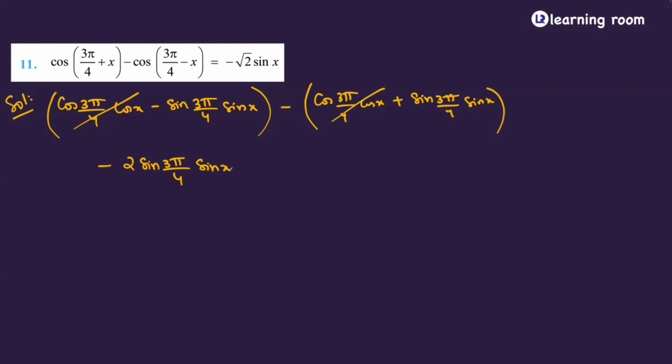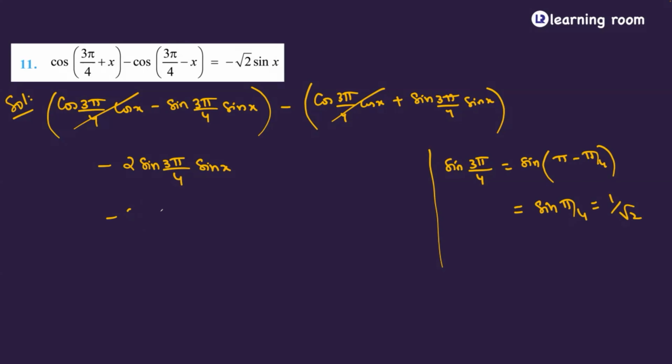Okay. Let's recollect. Sin 3 pi by 4 is how much? This can be written as sin of pi minus pi by 4. So sin of pi minus pi by 4 is going to give you sin pi by 4, which is 1 by root 2 itself. Take that 1 by root 2 and substitute it here.